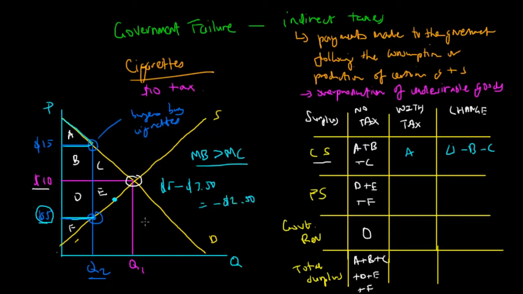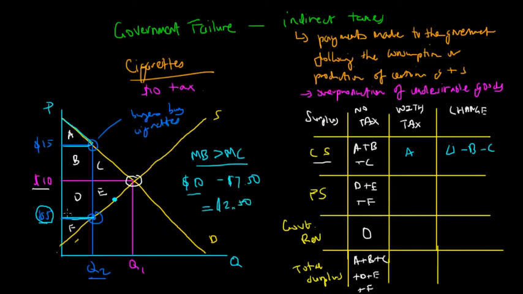Obviously, producers who can only supply cigarettes at $7.50 wouldn't produce because they are incurring a loss. Before the tax was introduced, they could sell cigarettes in the market for $10 and produce at $7.50, making a $2.50 profit, so they would enter the market.